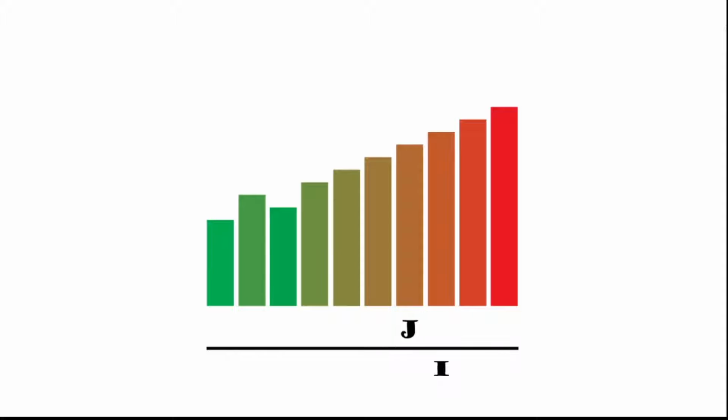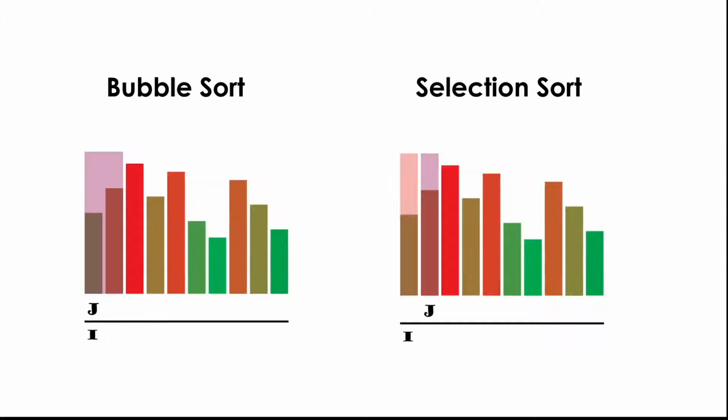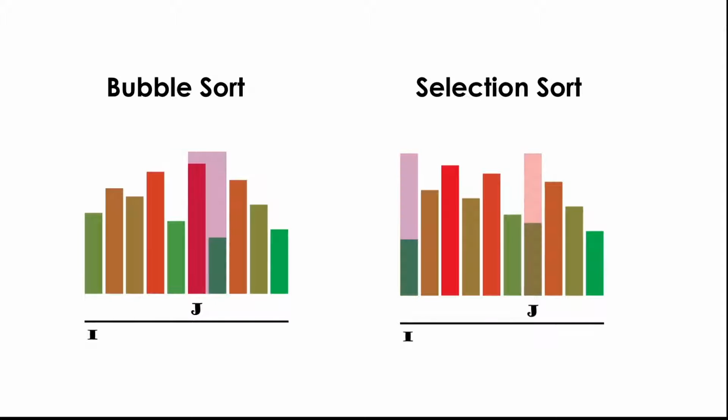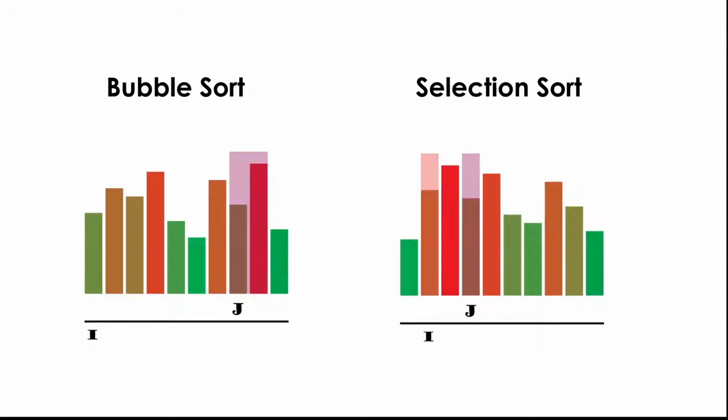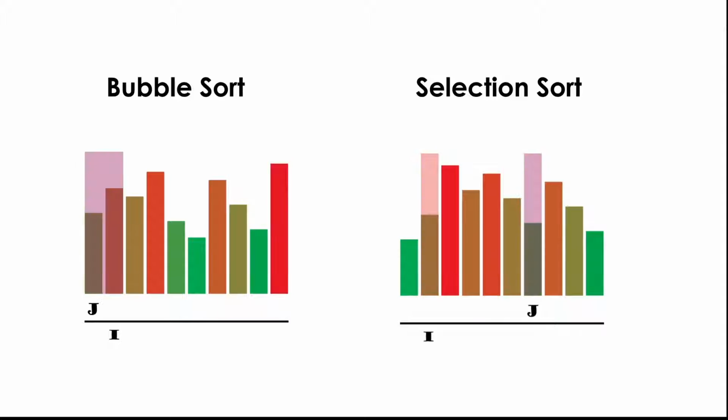And just to give you a different algorithm to compare this to, here's a selection sort. Selection sort works a little bit differently, but it still has a big O of n squared. So again, it's not the best way, but it is faster.